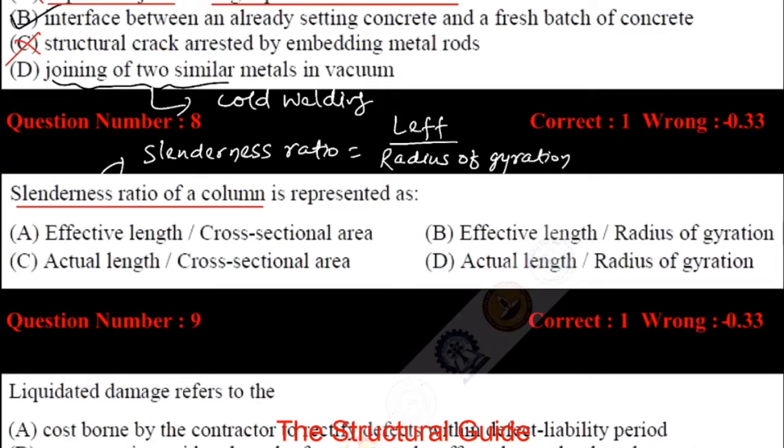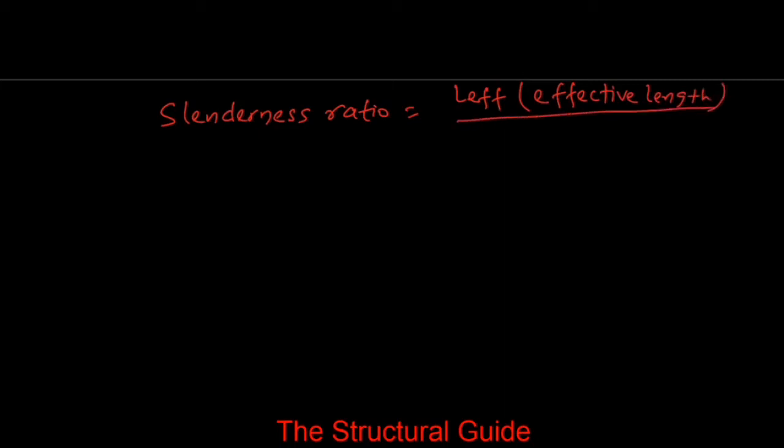So let's understand some basic concepts regarding the slenderness ratio and the L effective. What is the L effective and what is the radius of gyration? So the slenderness ratio is equal to L effective, or I can say the effective length, upon radius of gyration.